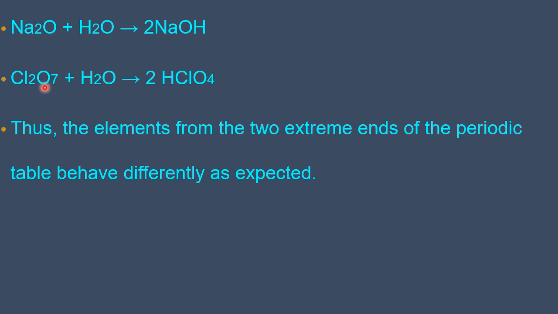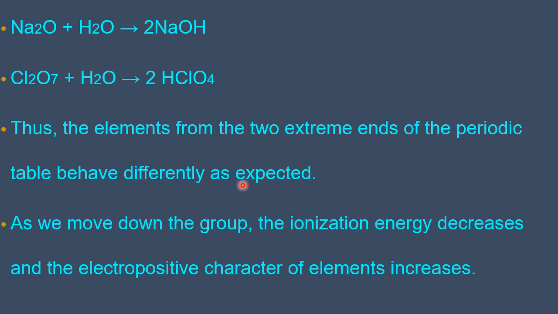Sodium oxide in water giving sodium hydroxide is basic oxide, whereas chlorine oxide in water giving perchloric acid is acidic oxide. Thus the elements from the two extreme ends, left and right, of the periodic table behave differently.